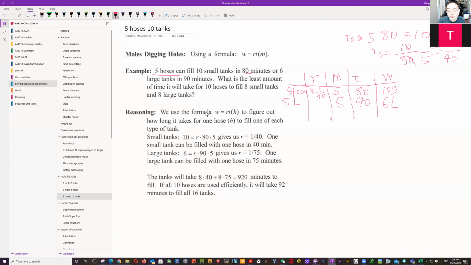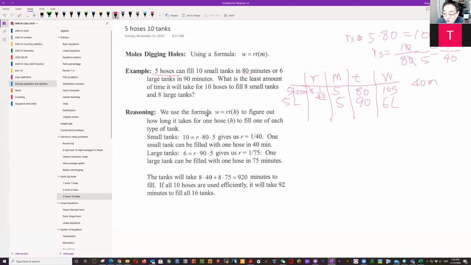1/40. So basically, given this rate, what's the usage of the rate? The usage of the rate is that each small tank can be filled by a single hose in 40 minutes.